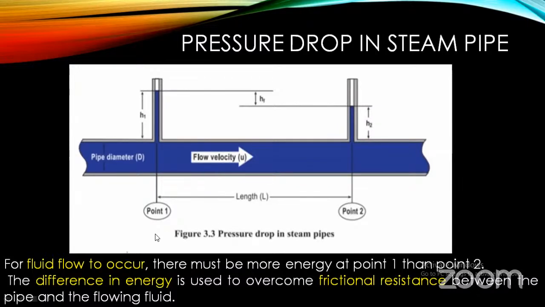If you take the energy level at point 1 and at point 2, the energy level should be higher at point 1 than at point 2. This difference in energy level will overcome the frictional resistance and cause the fluid to flow from point 1 to point 2 in the positive X direction.